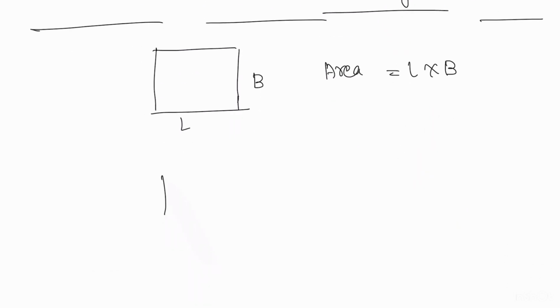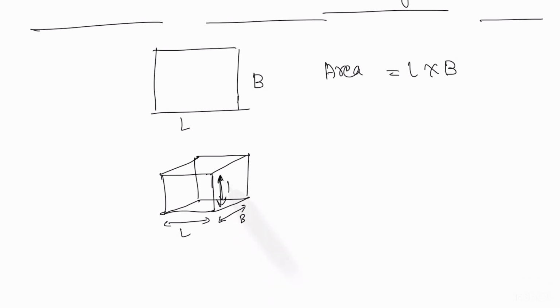And for a cuboid, suppose this is the length, this is the breadth, and this is the height. Then its volume is length into breadth into height.